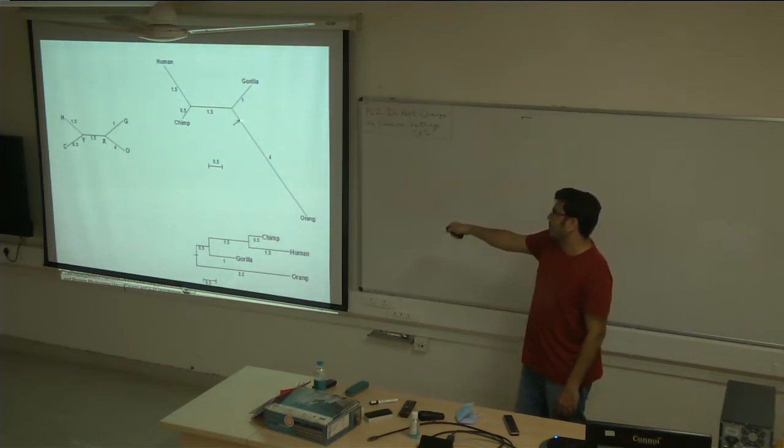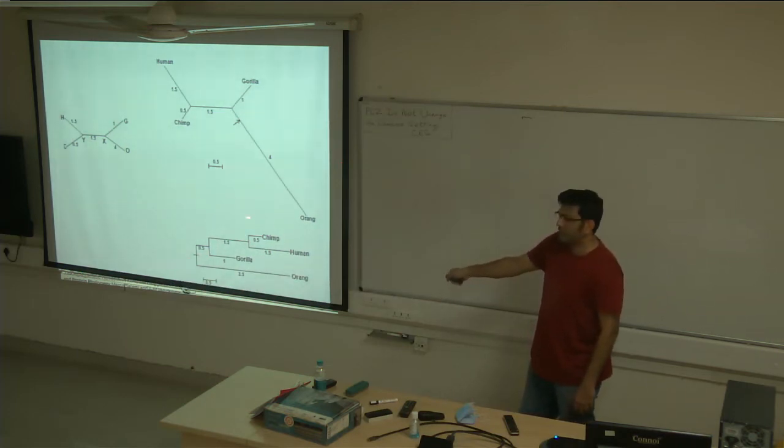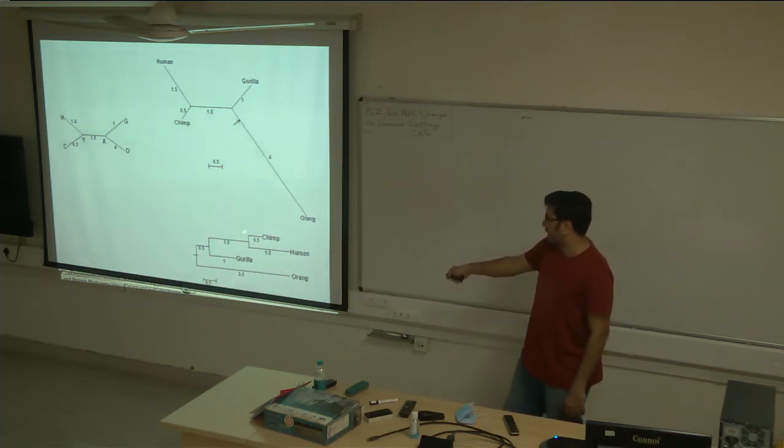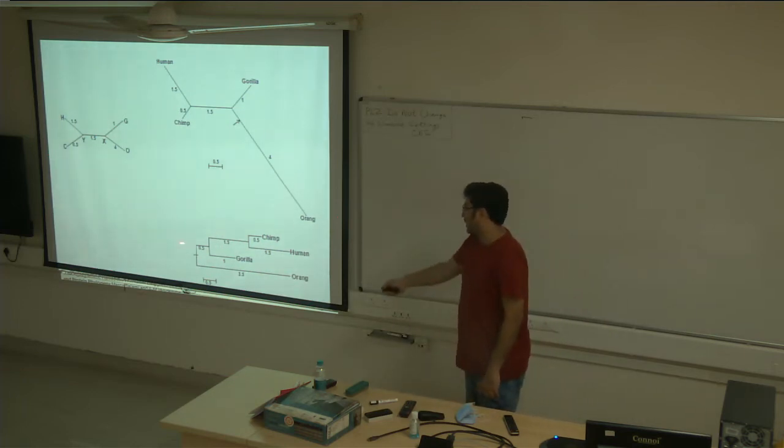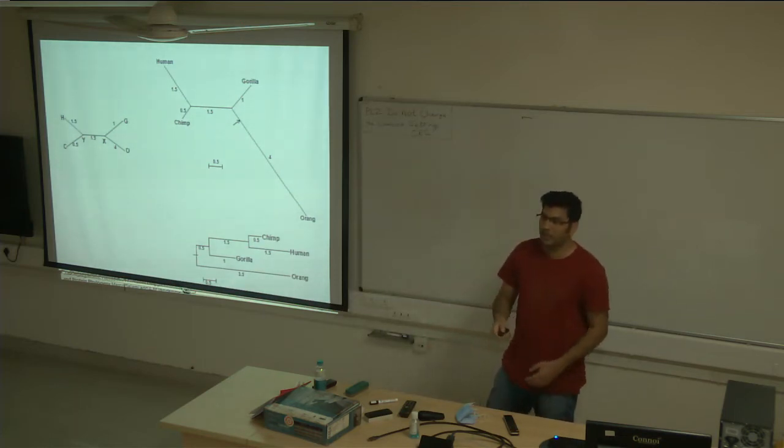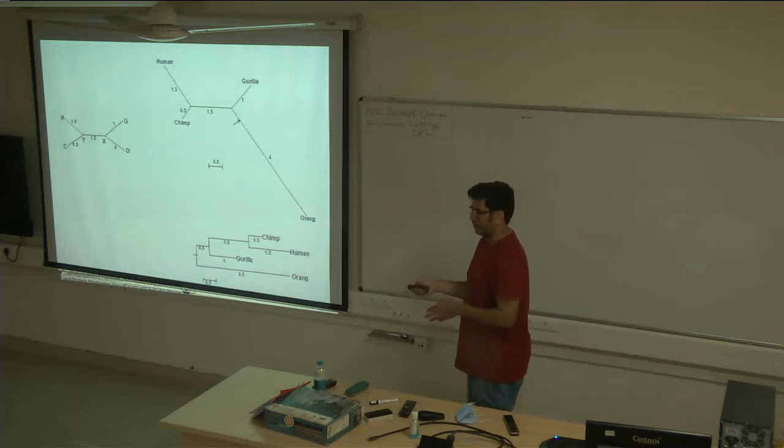And then you root it here, and after that you will get this rooted tree. This is basically a phylogram, where each branch tells you how much evolutionary change has occurred across different lineages. So this is the phylogram.